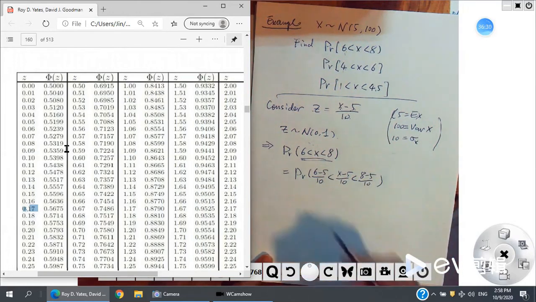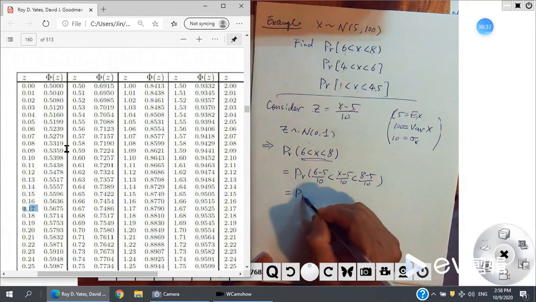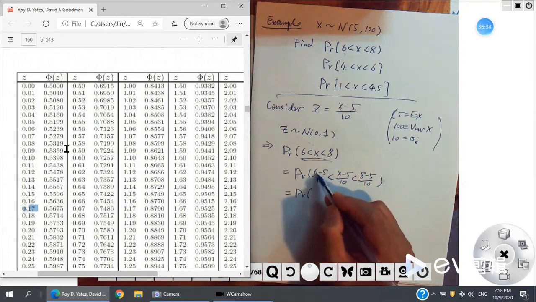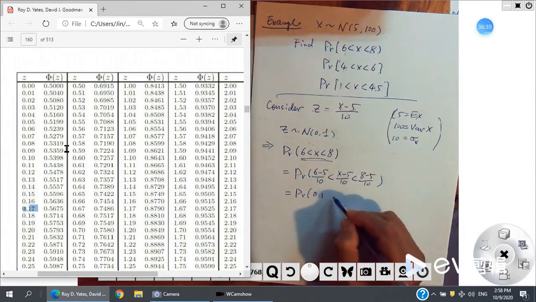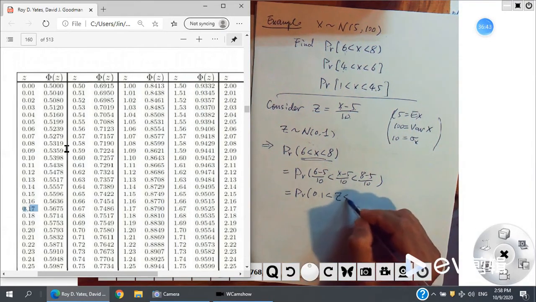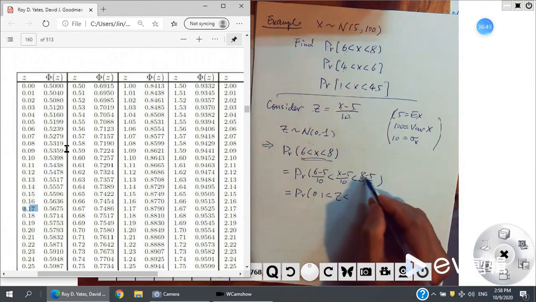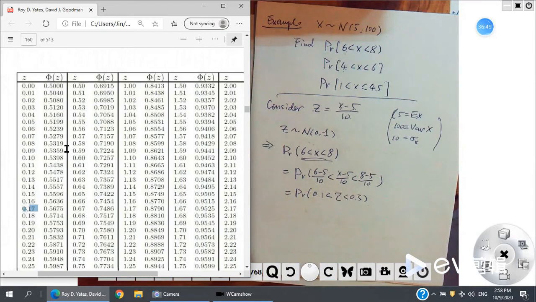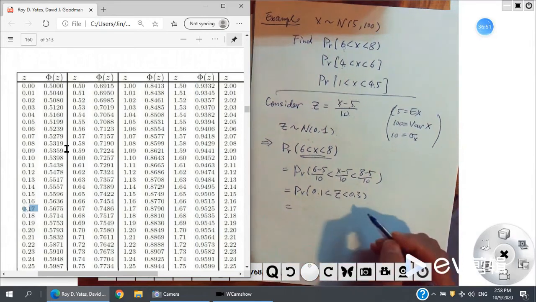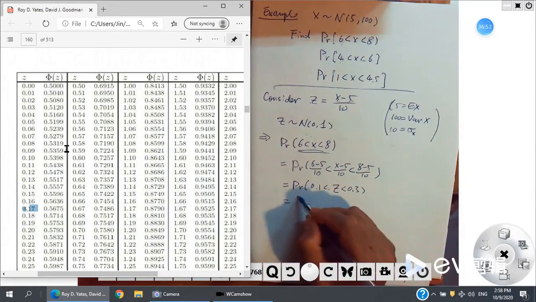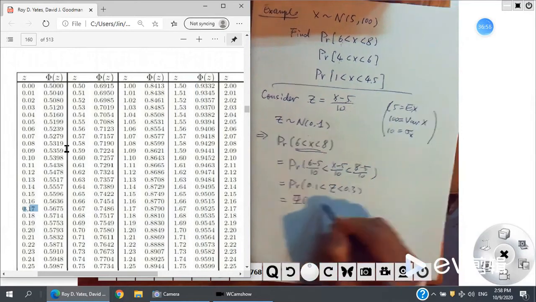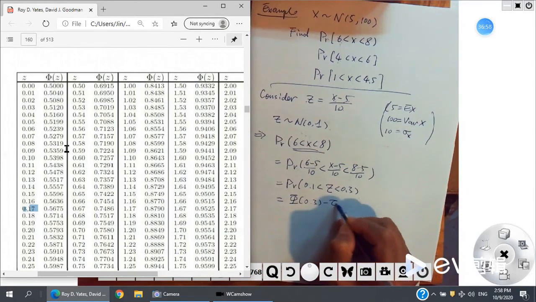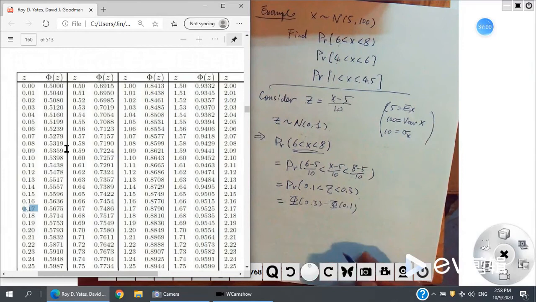Alright, so this is the probability: 6 minus 5, I get 1 over 10, 0.1, smaller than z, and smaller than 8 minus 5, I get 0.3. Okay, then we can use the table. This is phi of 0.3 minus phi of 0.1, right?